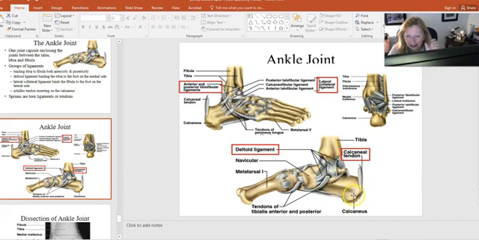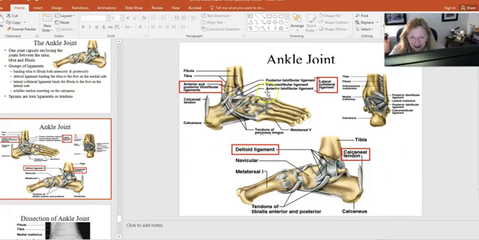The calcaneus is the heel, so the tendon here is the calcaneal tendon. This is often called the Achilles tendon. Sometimes when this gets inflamed, we know this is called plantar fasciitis. So this is actually inflammation here at the heel, and it's incredibly painful, pretty common too.